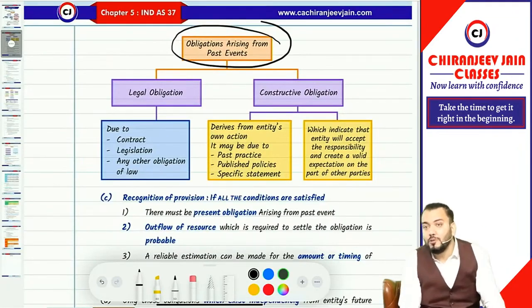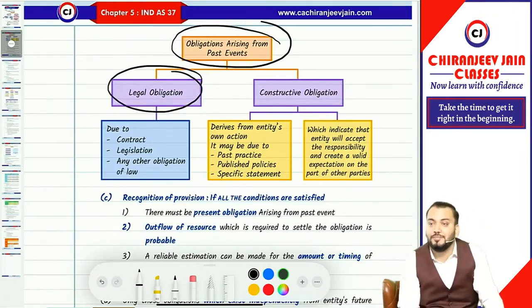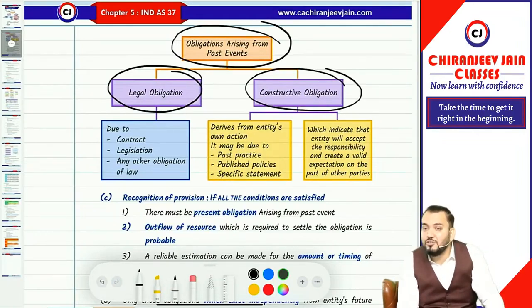One is known as legal obligation, one is known as constructive obligation. Constructive obligation is a new term in your life, because AS 29 was silent regarding constructive obligation.